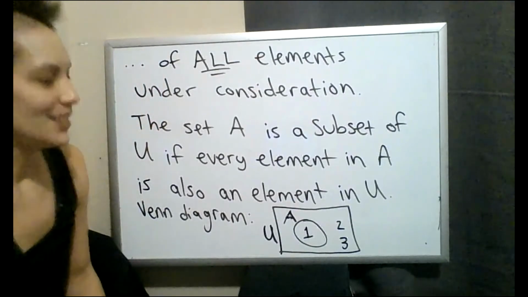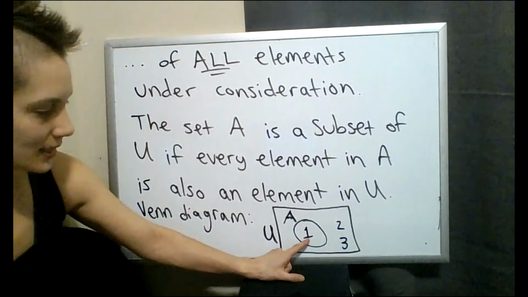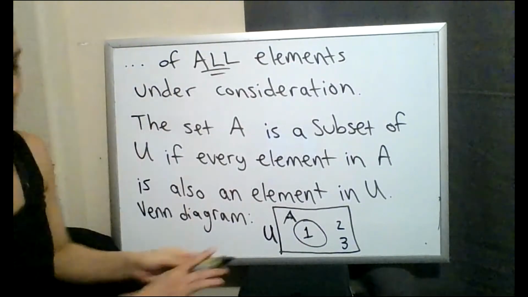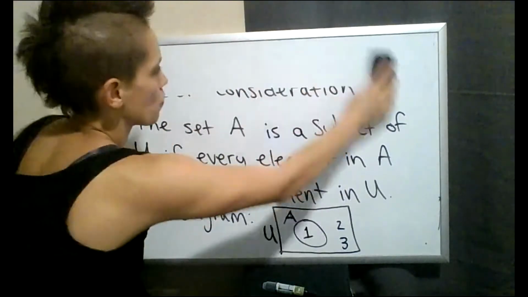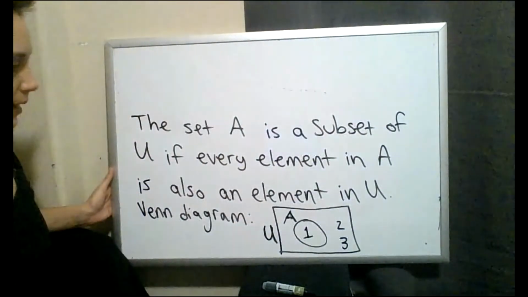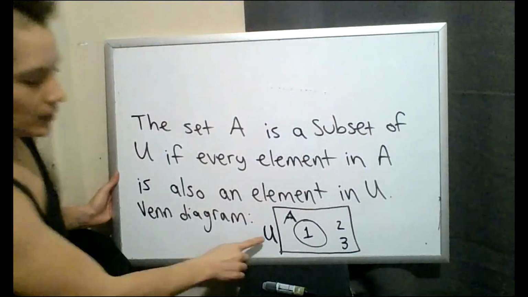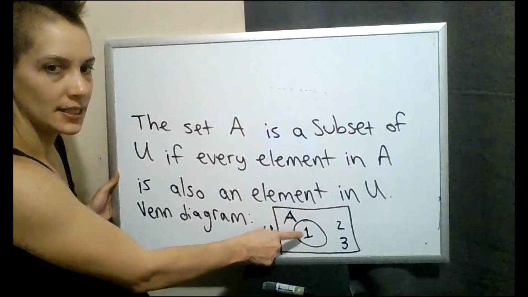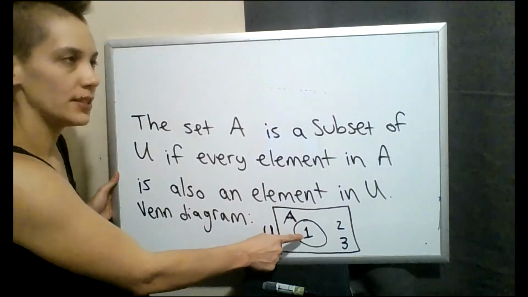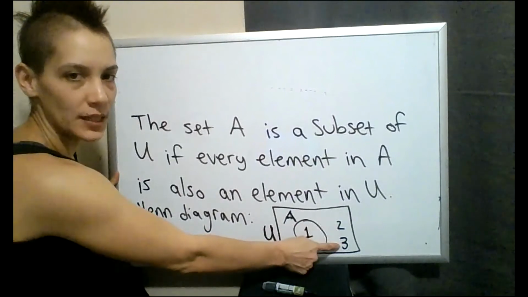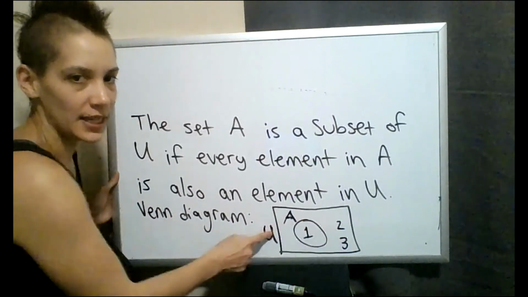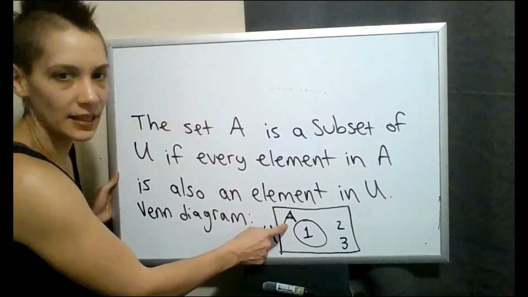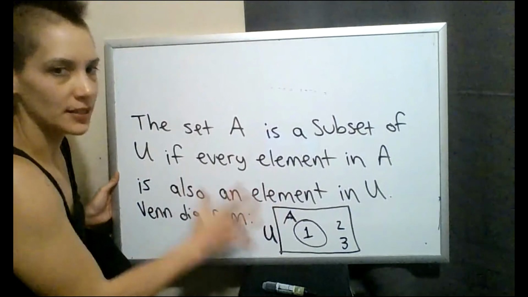Okay, so let's talk about writing a set. By the way, the universe is the full square space. The subset A is the set that contains 1. Outside of the set A are the elements 2 and 3. So 1, 2, and 3 are elements in the space, and 1 is an element in subset A. We're going to practice all of that.